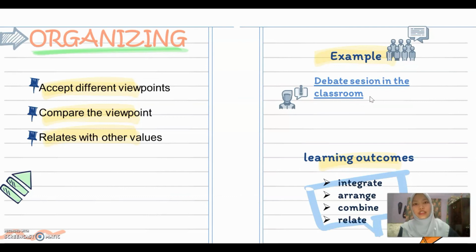Whether they agree with the argument or not, they will state their opinion. So automatically the students will learn how to accept the different viewpoints or opinions of the other pupils, compare them, and relate them with other values. In this stage, the learning outcomes are integrate, arrange, combine, and relate.